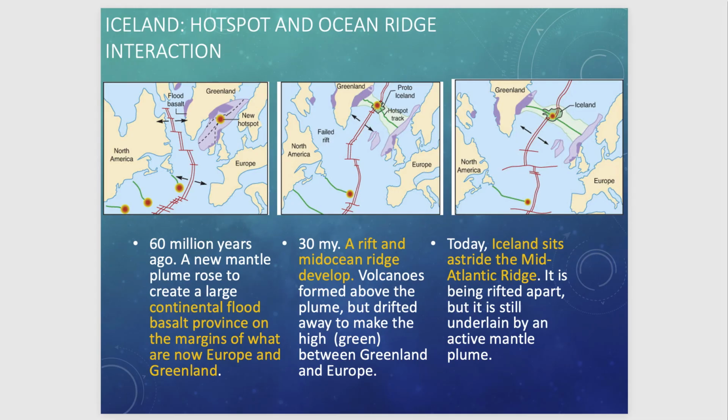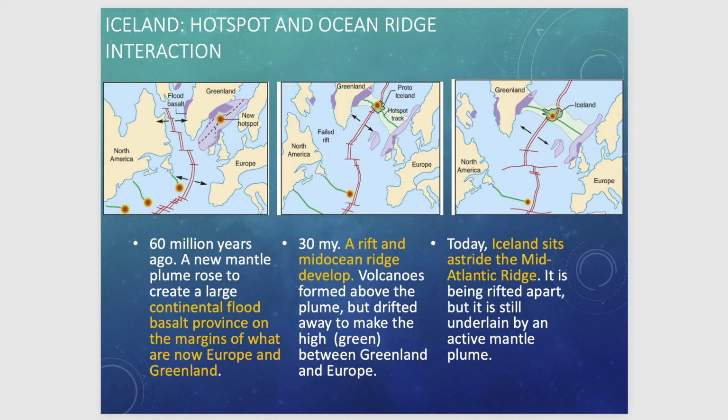But yeah, the history of Iceland starts roughly 60 million years ago. So it stretches back to this time and involves the mantle plume and its interaction with this mid-ocean ridge.